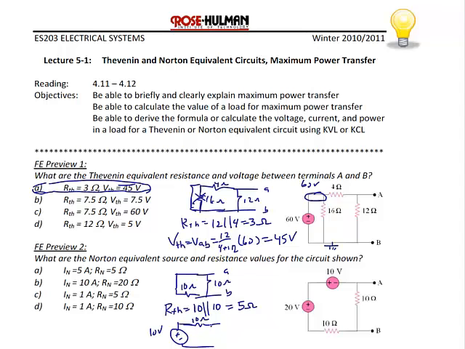There's the 10 ohms, and then I have the 10 ohm between terminals A and B. If I do a source transformation on this circuit, 10 divided by 10 gives me a 1 amp current source, and that's going to be in parallel with the two 10 ohm resistors, so those two combined become 5 ohms. So the Norton equivalent circuit is a 1 amp current source in parallel with a 5 ohm resistor, which means the correct answer is C.